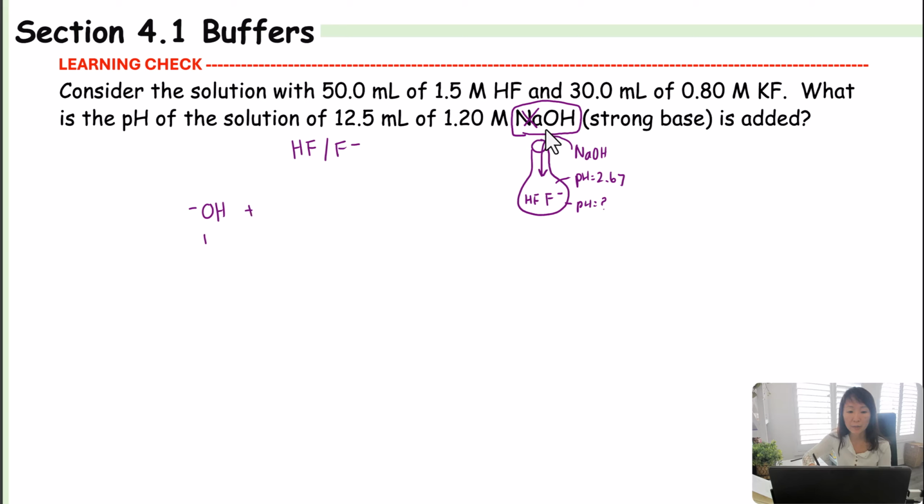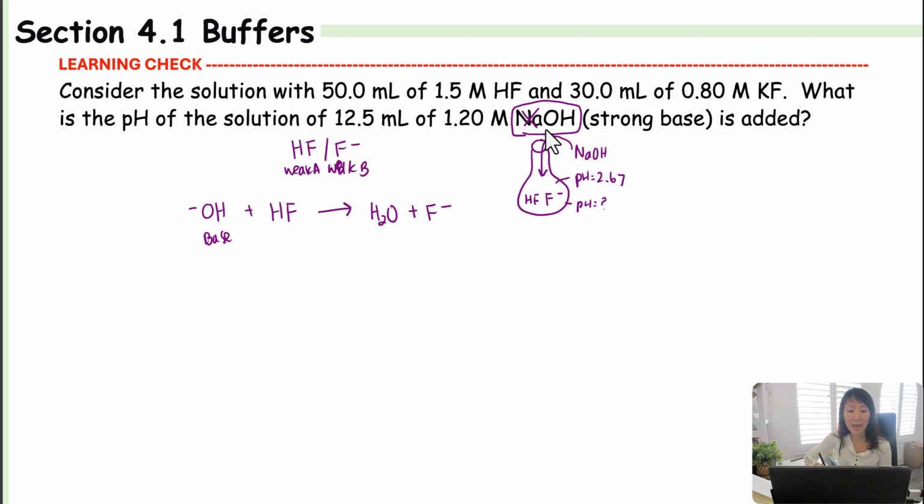It's going to react with the weak acid instead of the weak base. So it's going to interact with HF, and because it's a base, it's going to accept the hydrogen from the HF, forming H2O plus F minus.